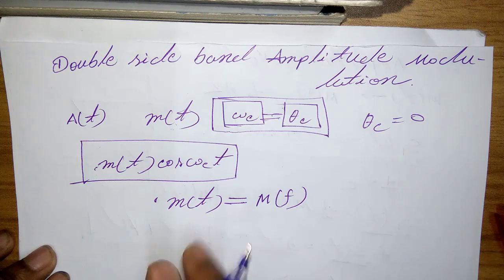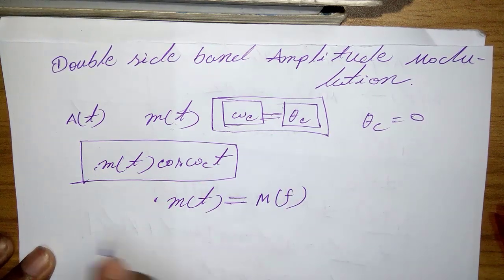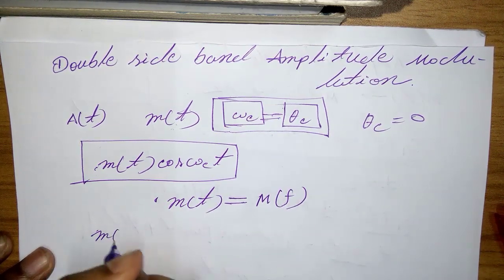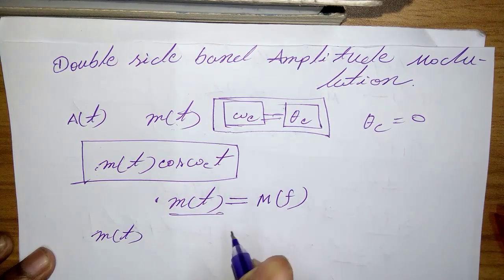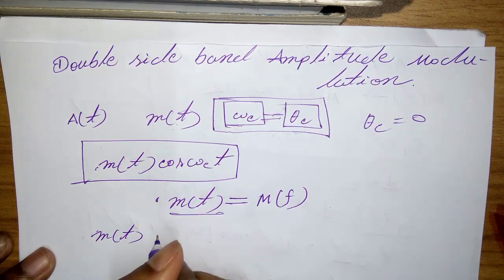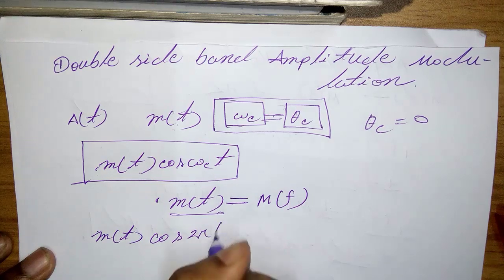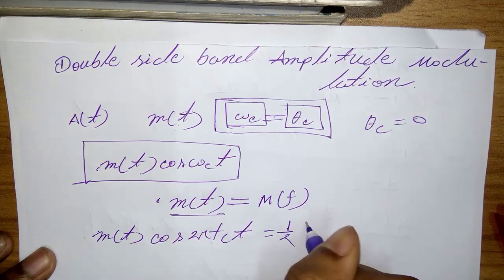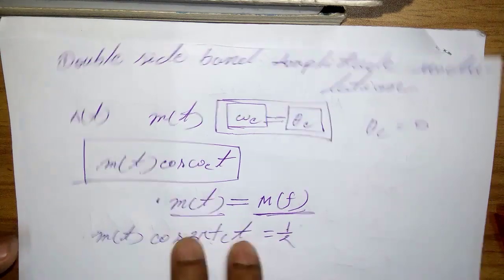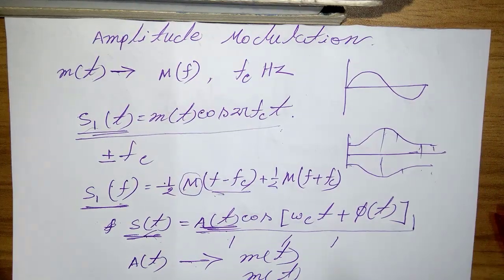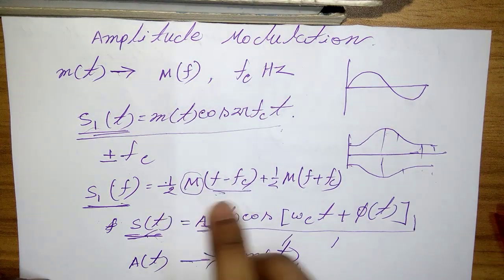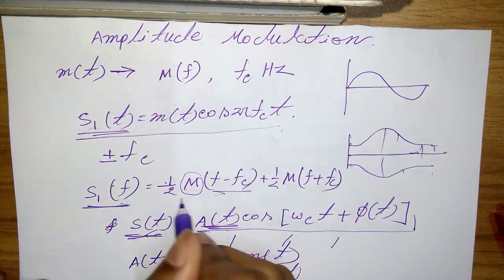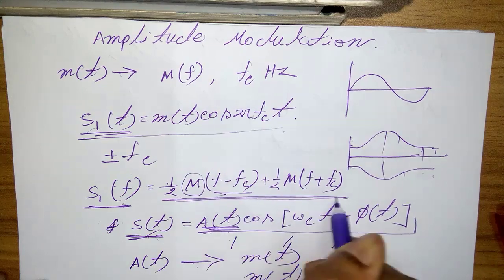So that equation will be simplified. m of t cos 2 pi fc t equals half, that's the value we simplified in the last tutorial.